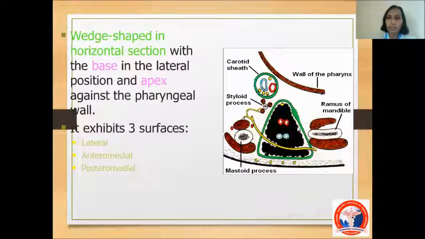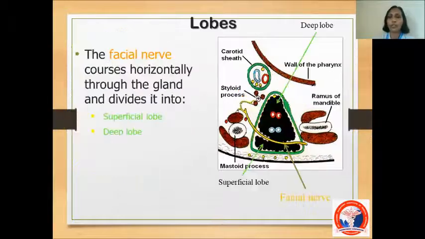This is the anteromedial surface, whereas this is the posteromedial surface of the parotid gland. So the arrow shows the lateral surface, the anteromedial surface, and the posteromedial surface.